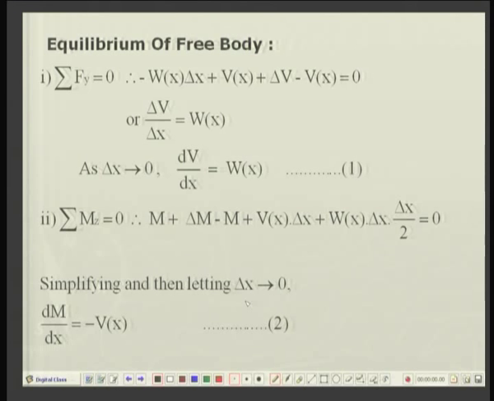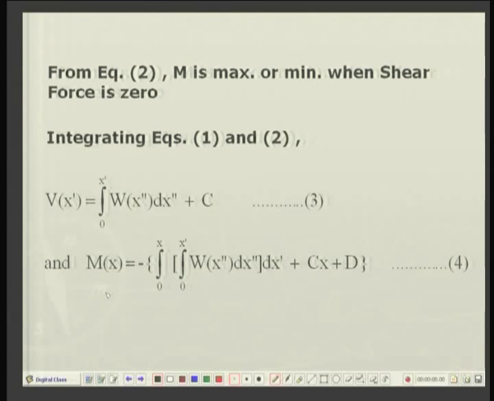This means that the slope of the variation of bending moment is equal to the shear force with a negative sign. Equations 1 and 2 give us the relationship between the loading function, shear force distribution and bending moment distribution.